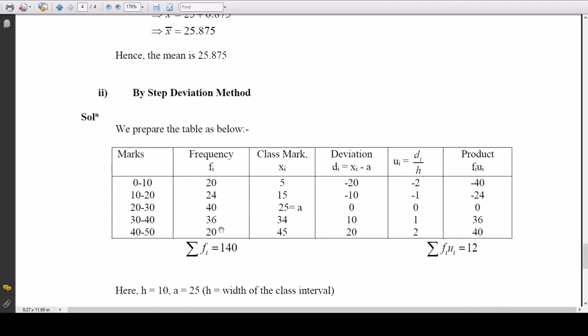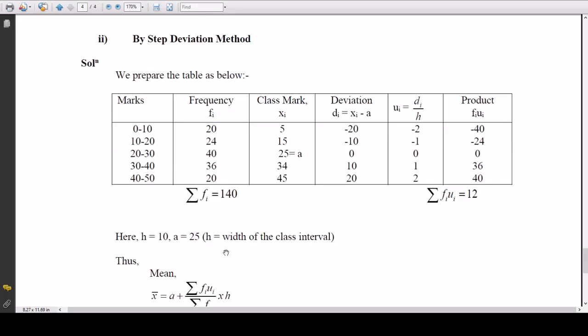Summation of frequency, you will get the same thing, 140, and in the summation of product the 40 and 40 cancel, 36 minus 24, it is 12. Isn't it? Here A is 25, h is the width of class interval, which is 10, summation fi is 140, summation of fi ui is 12.